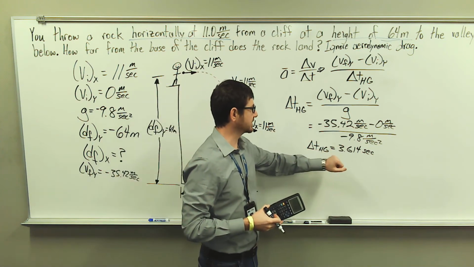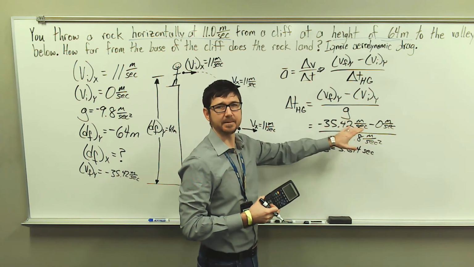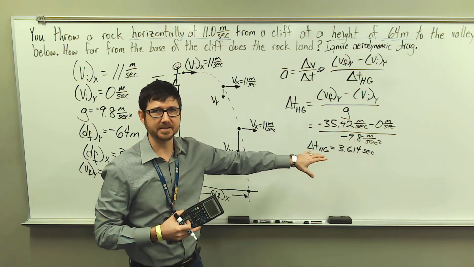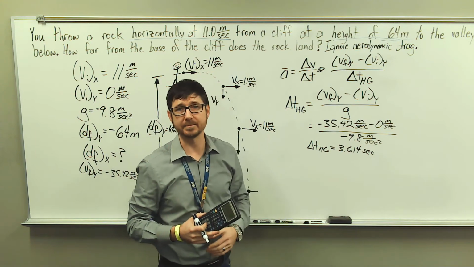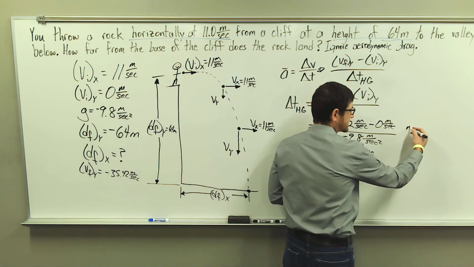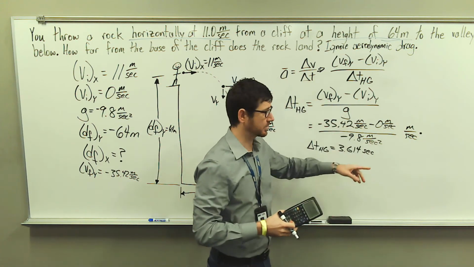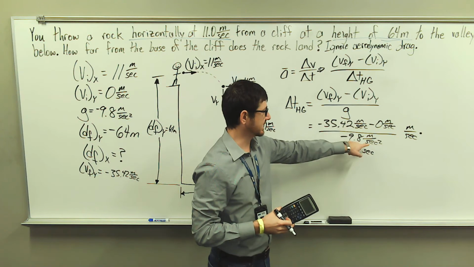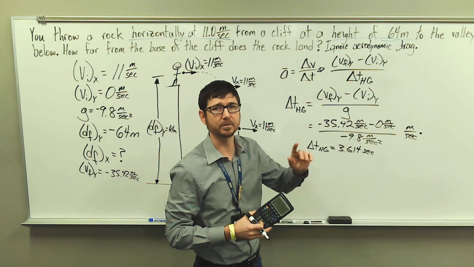And let's talk about units really quick. So in my numerator, I have meters per second. In my denominator, we have meters per second squared. Remember, when we divide fractions, it's like multiplying by the inverse of the denominator. So what I have is meters per second times the inverse of our denominator. So the inverse of meters per second squared is going to be seconds squared per meter.